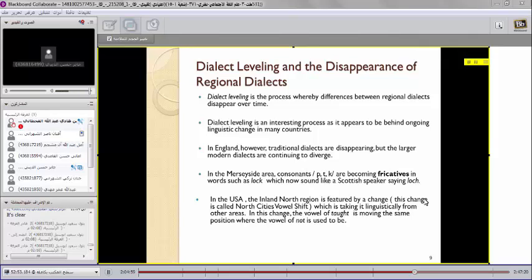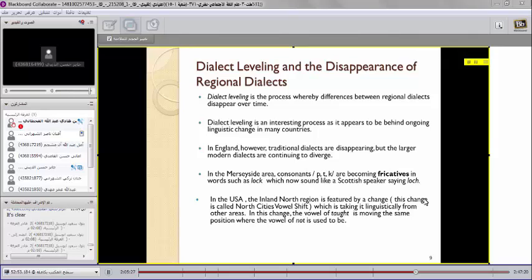The first one is from England. In the Merseyside area, consonants like K are becoming fricative in words such as lock, which now sound like a speaker saying lock. Another example of this point is from the United States of America.